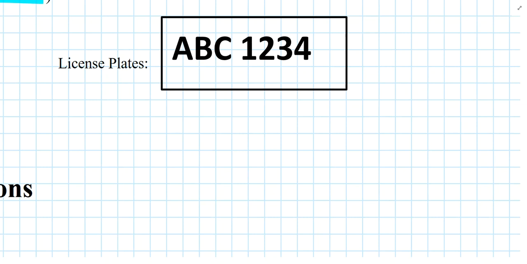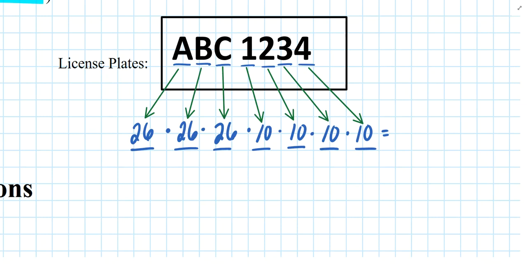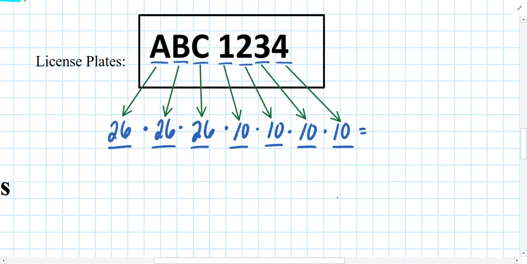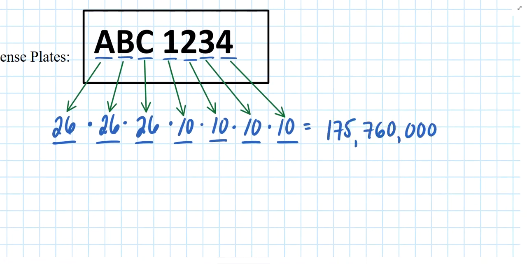Pause the video now and resume playback in a moment to check your work. Each letter has 26 options, A through Z, and each number has 10 options, 0 through 9. So there are 175,760,000 unique options for license plates.